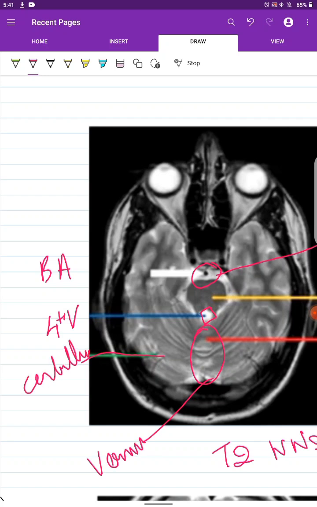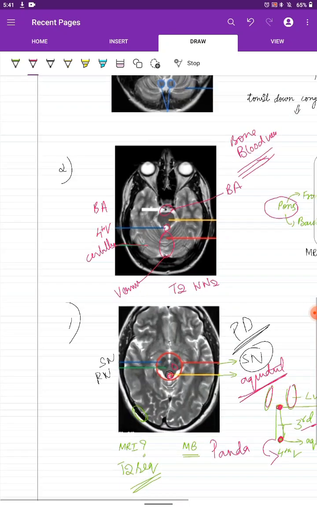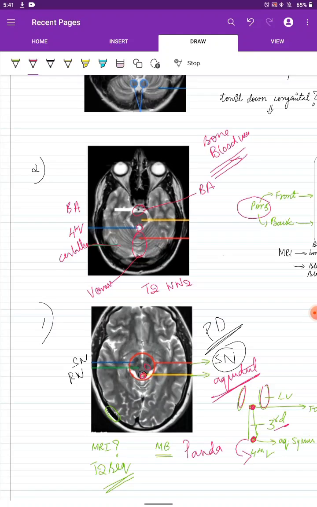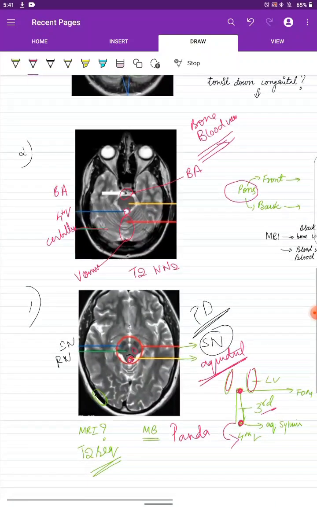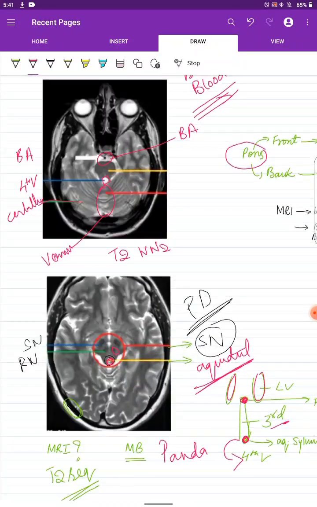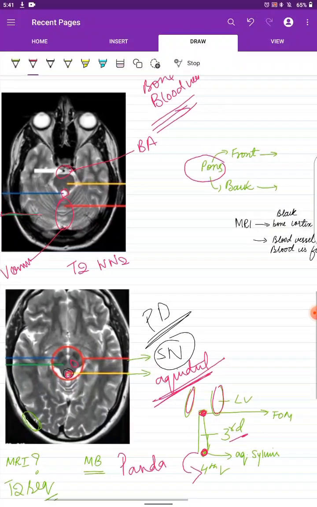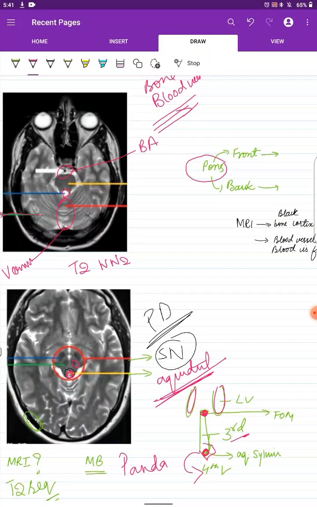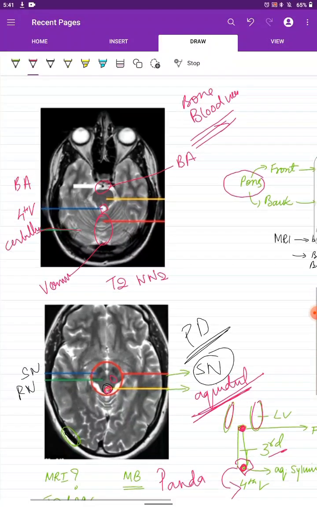Don't tell it as pons or midbrain, because it is beneath that. We get first midbrain, then pons, then medulla. So after seeing the midbrain, I will get pons, then I will get medulla. And when I see midbrain, I have to remember that the CSF containing fluid here is the aqueduct. Same when I go up, I see the structure that is nothing but the fourth ventricle.